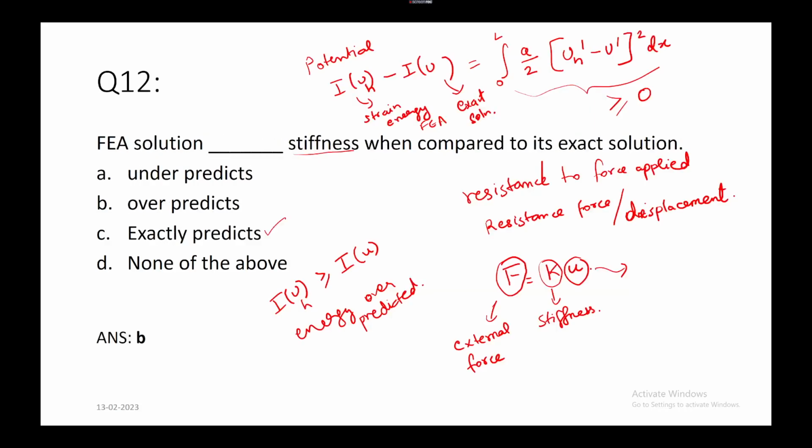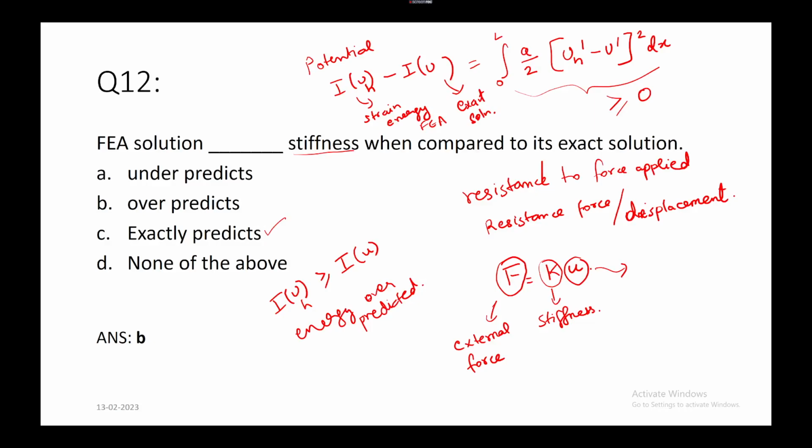So can we say that stiffness is also over predicted, since stiffness and energy are related to some extent, right? So the more the stiffness, the more the energy of the system.